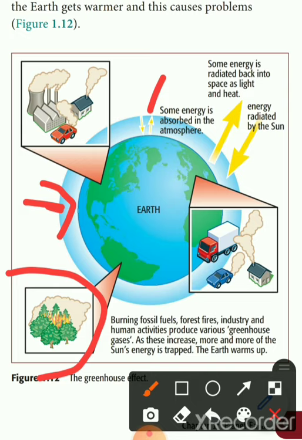The trees were responsible for absorbing excessive carbon dioxide from the earth's surface. But now people tend to cut off the trees, the trees are getting fewer in number, and more carbon dioxide is allowed to enter into the atmosphere.